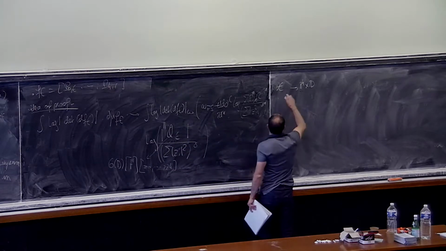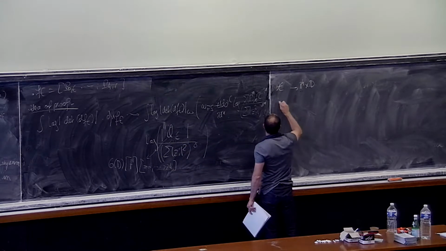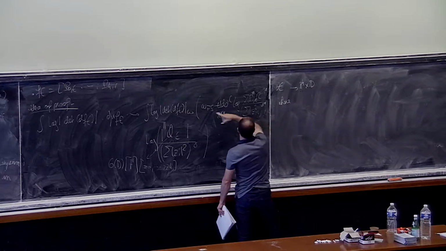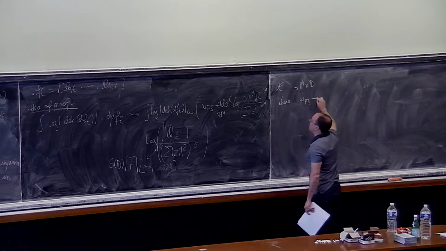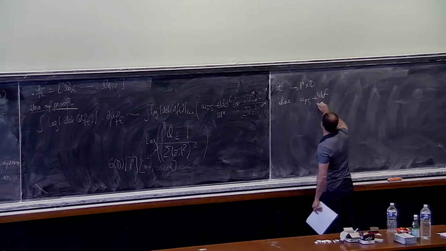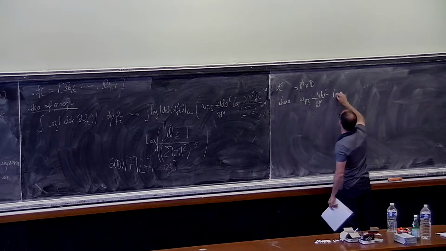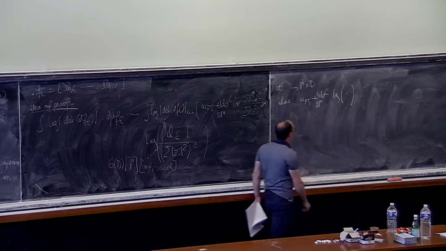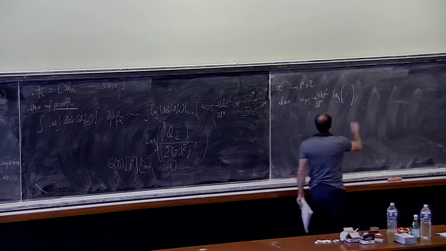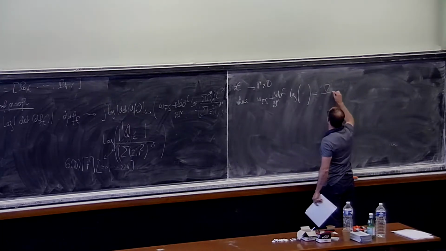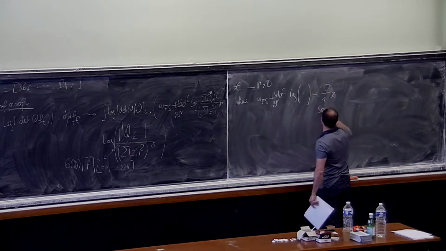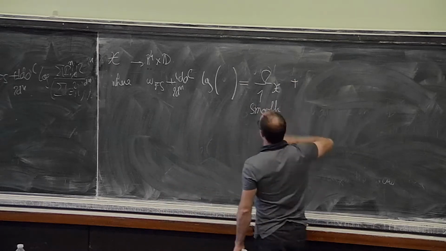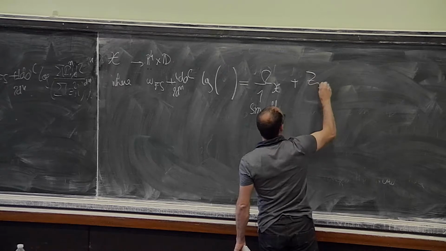And so what you get is that you can construct a model X where, in fact, this current decomposes as a smooth current plus some vertical divisor.